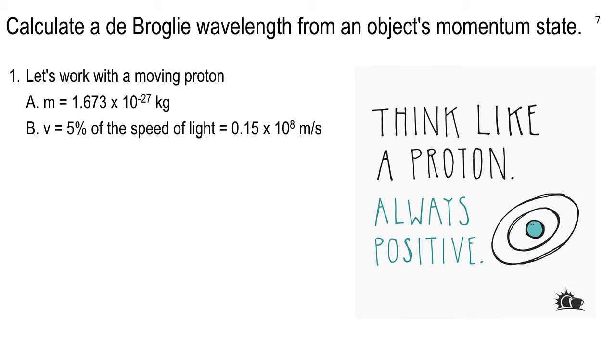I don't even know what that is. Let me think. 10 to the 3, 1,000. 10 to the 6, a million. 10 to the 9, a billion. 10 to the 12, trillion. 10 to the 15, quadrillion. 10 to the 18, quintillion. 10 to the 21, sextillion. 10 to the 24, heptillion, I think it's called. 10 to the 27, octillion.